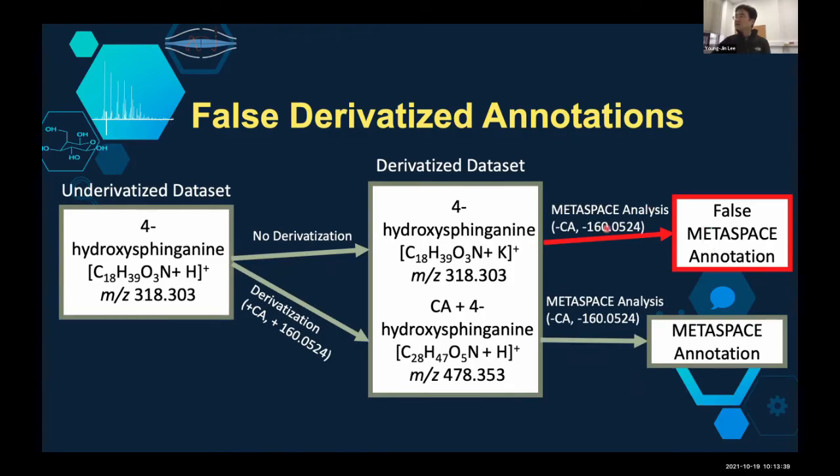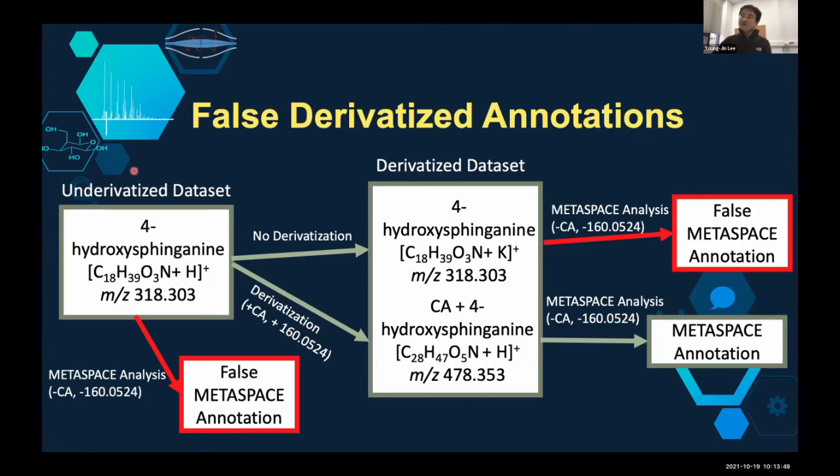So how can we remove these possibilities? What we can do is, because this compound should also be present in the underivatized data set, we are going to search the underivatized data set as if it is modified. And if it makes a hit, then those hits we can remove from the derivatized data set. Through this analysis, we can remove false positives.